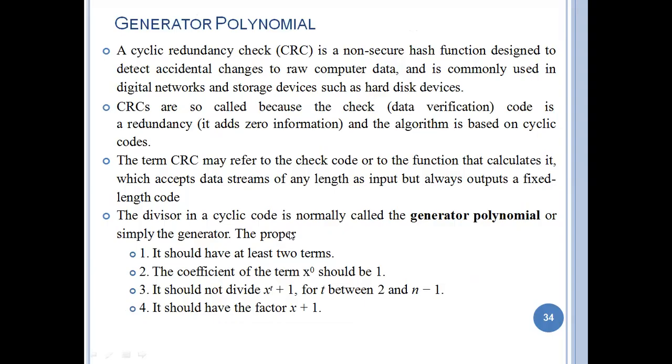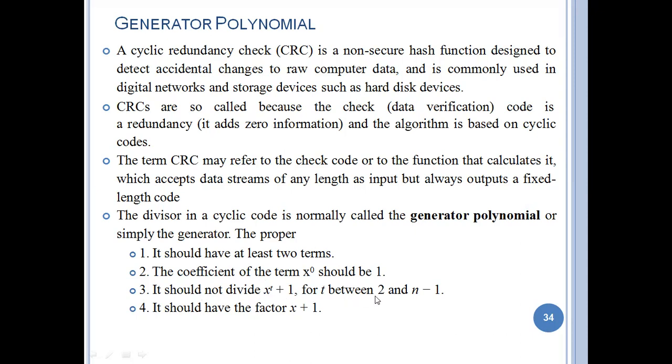The cyclic redundancy check is a non-secure hash function designed to detect accidental changes to raw computer data. So let's move directly to the example. The generator polynomial should have at least two terms. The coefficient of the term x power 0 should be 1, and it should divide x power t plus 1.